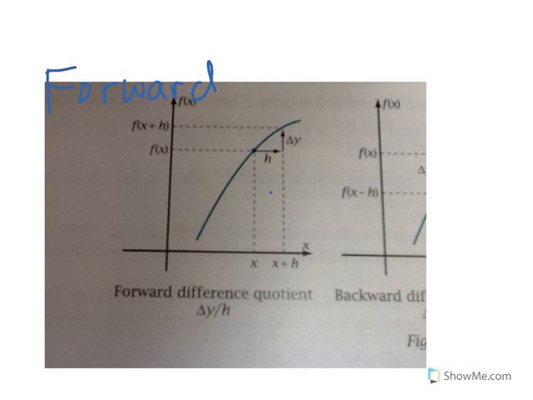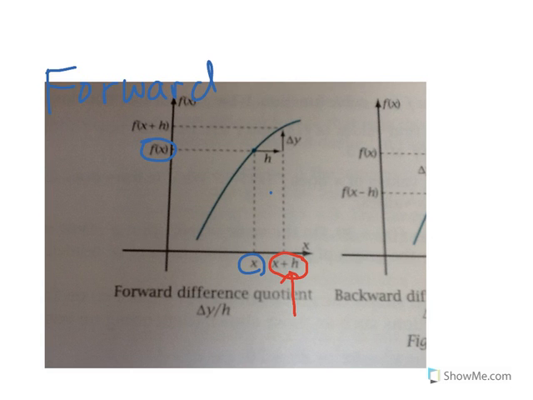Notice that the value x that I'm interested in is here, and the f of x value that corresponds to it is here. And in order to calculate our difference quotient, let's look at a distance that's just slightly to the right of x. So we're taking x plus some h.